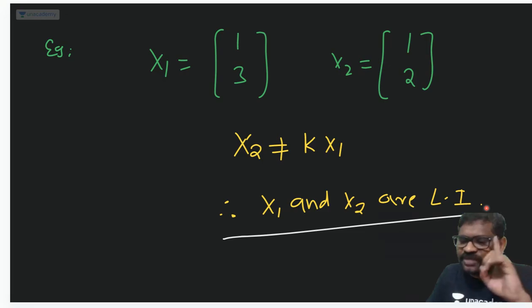If any vector can be expressed as some constant times another vector, or a combination of two vectors gives a third vector, if a linear combination is possible, then they are dependent. If it is not possible, then they are independent.